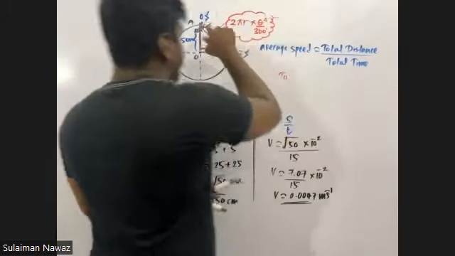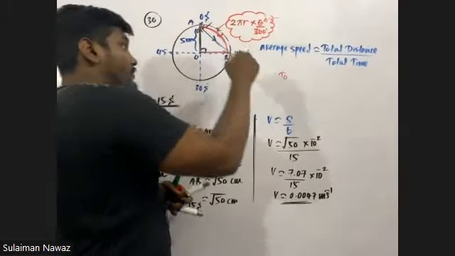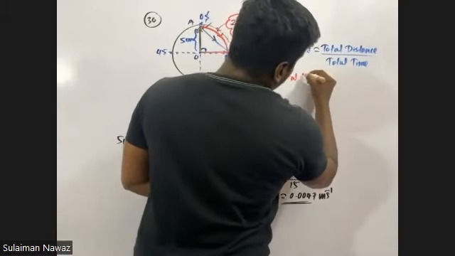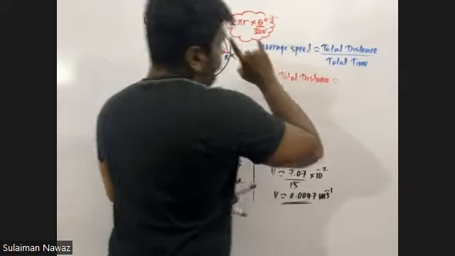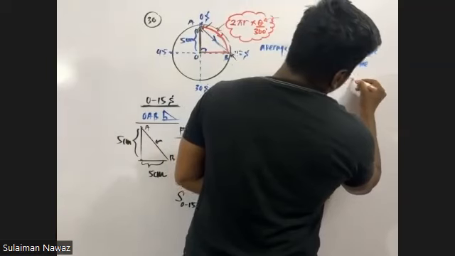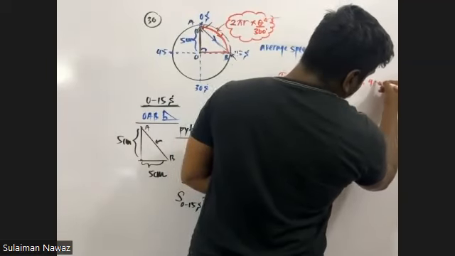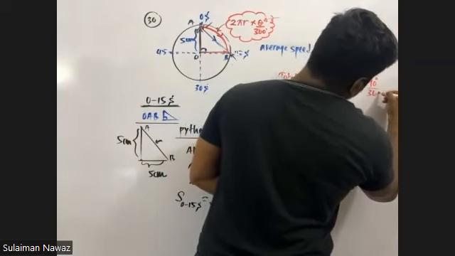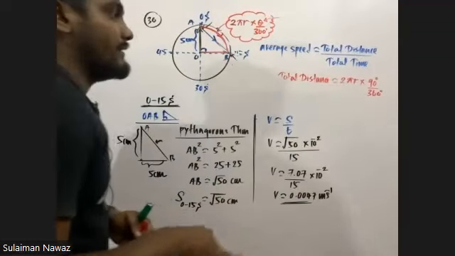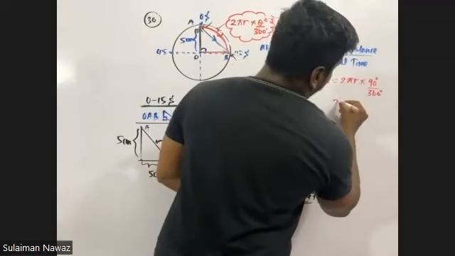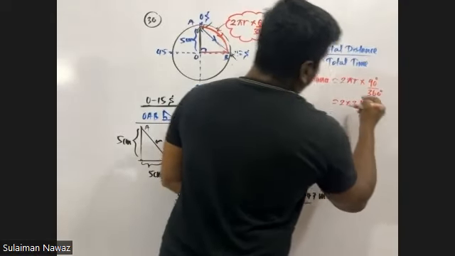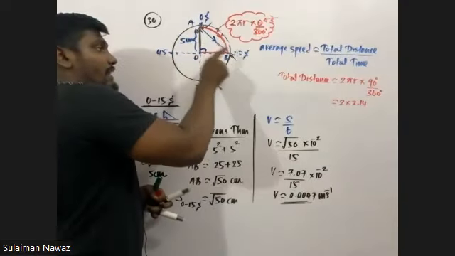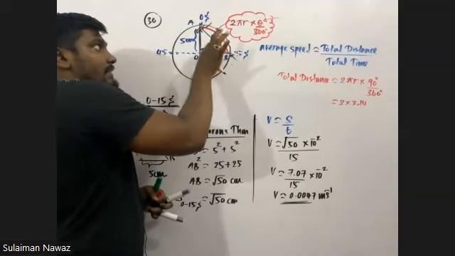So to find the total distance, we can see the entire arc length is 2πr into 90 over 360. Here π means 3.14. Now the radius: what is the radius of this circle?